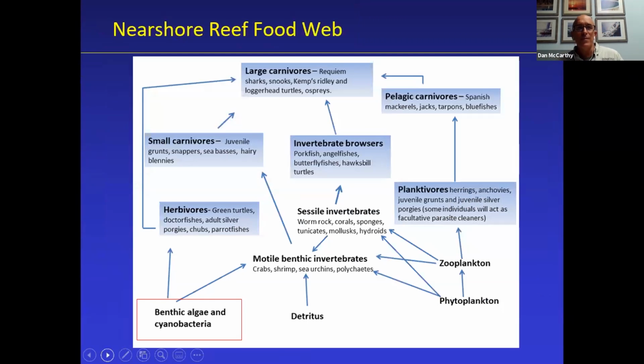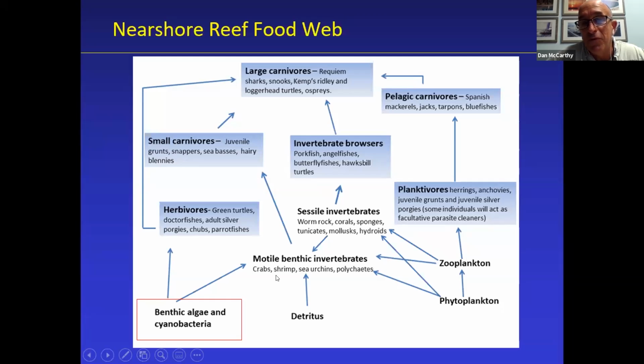So this is a nearshore reef food web that we've put together, and I'm going to walk you through one part of it just to illustrate the point I'm trying to make. If you start here with the red square over benthic algae and cyanobacteria, these are the photosynthesizers present on the reef, and various organisms feed on them. So herbivores, of course: green turtles, various types of fish, including doctorfish, silver porgies, chubs, parrotfish, among others.